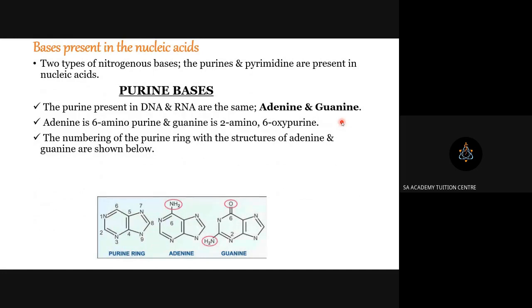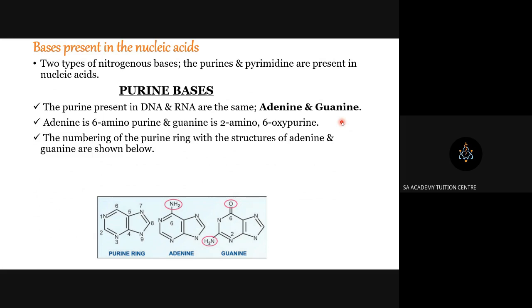Now we go into the details of the nitrogenous bases. We need to see the structures because this is structural biochemistry. We have two types, as we have already established, the pyrimidines and the purines. We'll start with the purines. These ones are double ringed. Here we have two common ones, which are adenine and guanine.